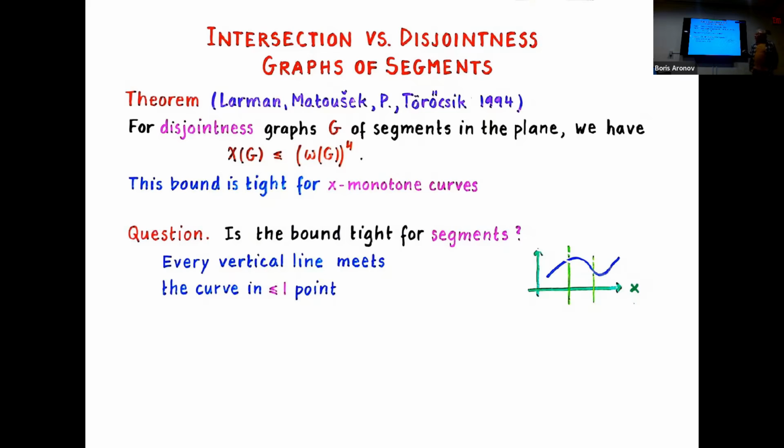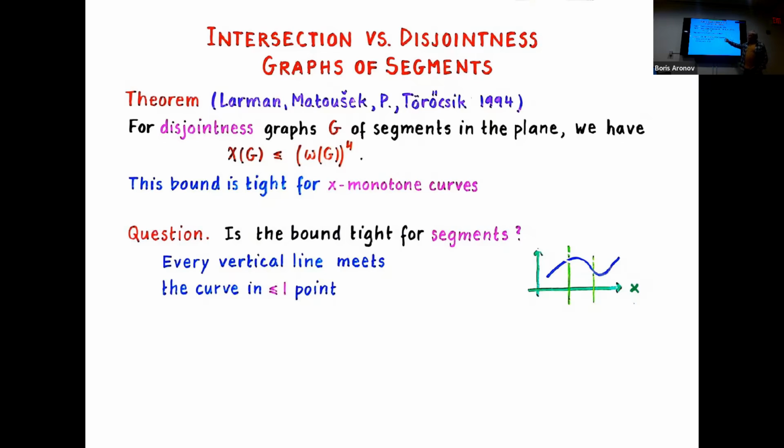Of course, if you have a segment in general position, forget about the vertical segments, they are x-monotone. And it turned out that years later, many years later, 20 years later, surprisingly, this bound is tight for x-monotone curves. But we still don't know if it is tight for segments.